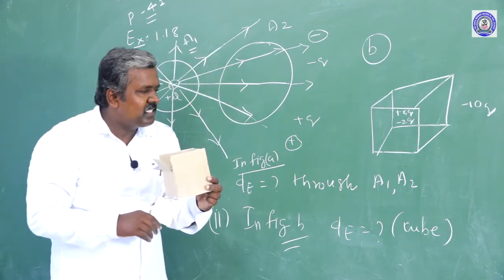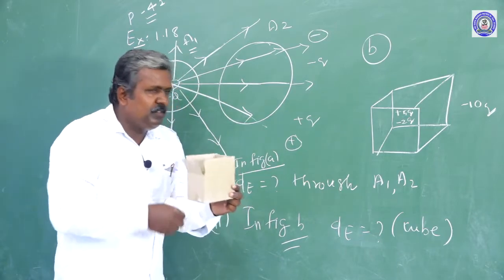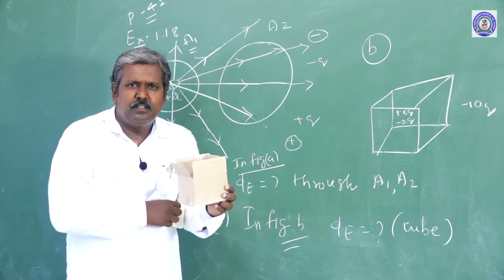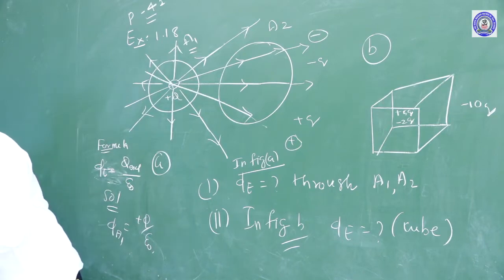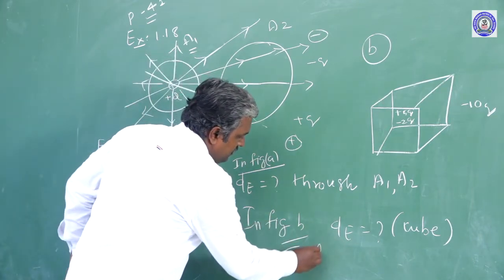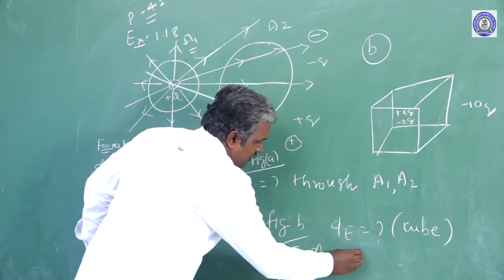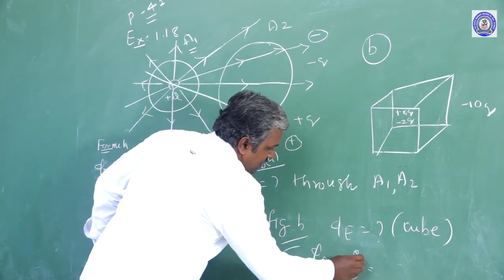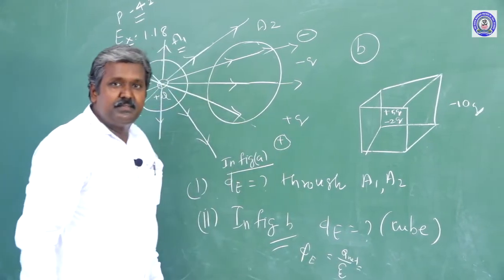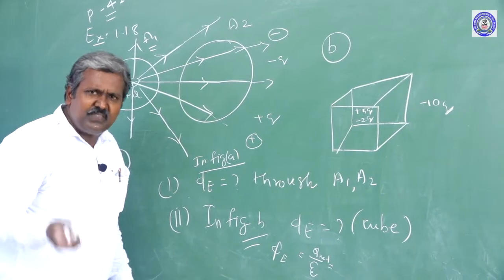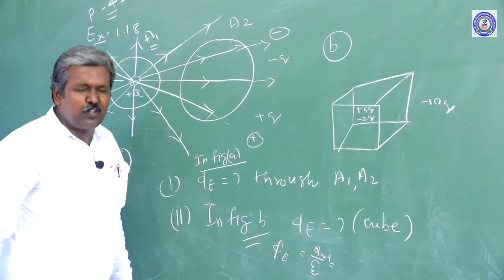But the total flux through this cube, very good, phi is equal to Q net by epsilon naught. I am correct or not? It depends upon the net charge within the surface according to Gauss law.